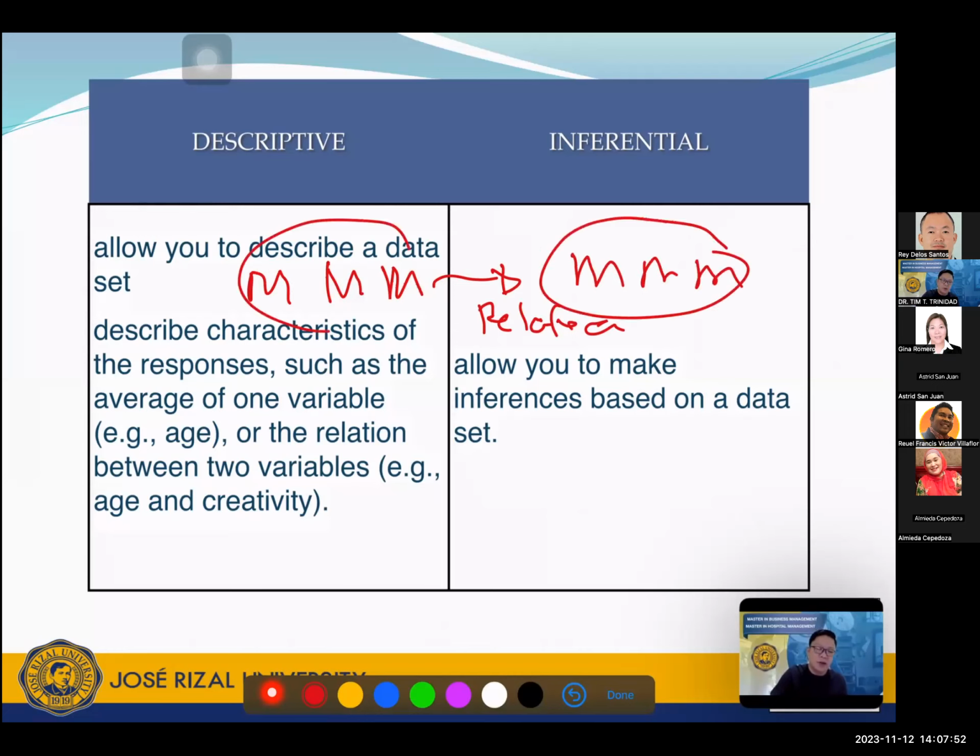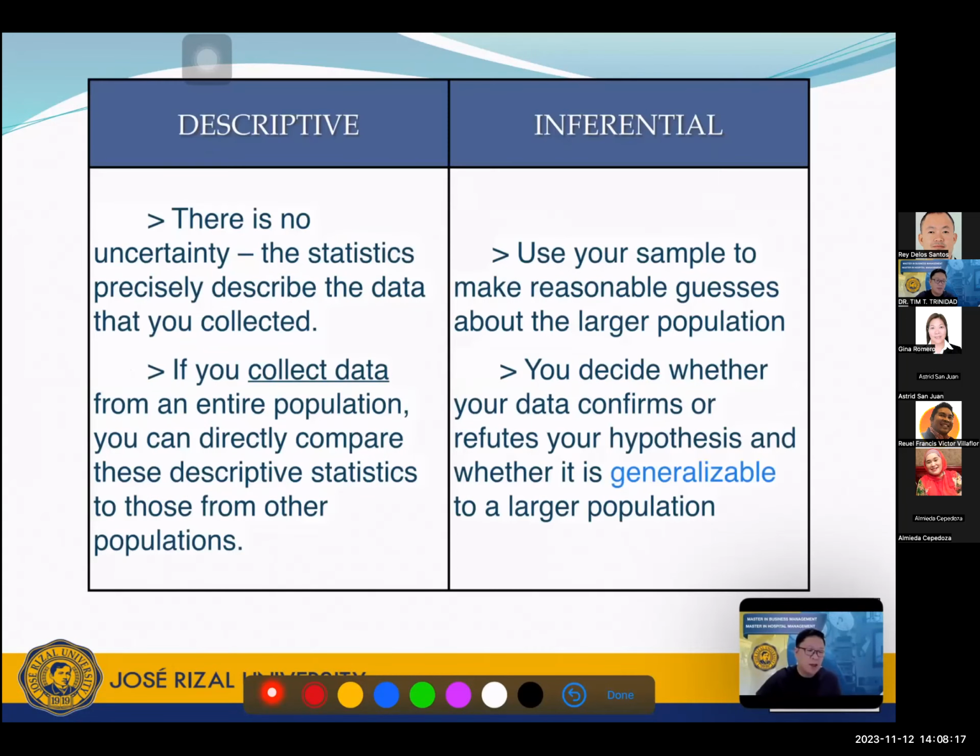So you are now going to compare these things if they are related, or parehas lang ba yung average na hemoglobin nyo at hemoglobin ng ibang klase. So this will now be your inferential statistics. But if you're just going to describe without making any conclusions with regard to the relationship between variables, then you are just doing your descriptive statistics.